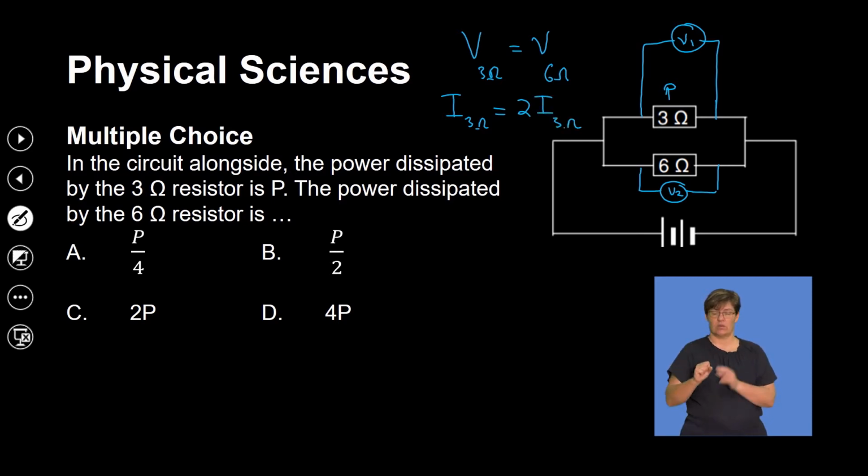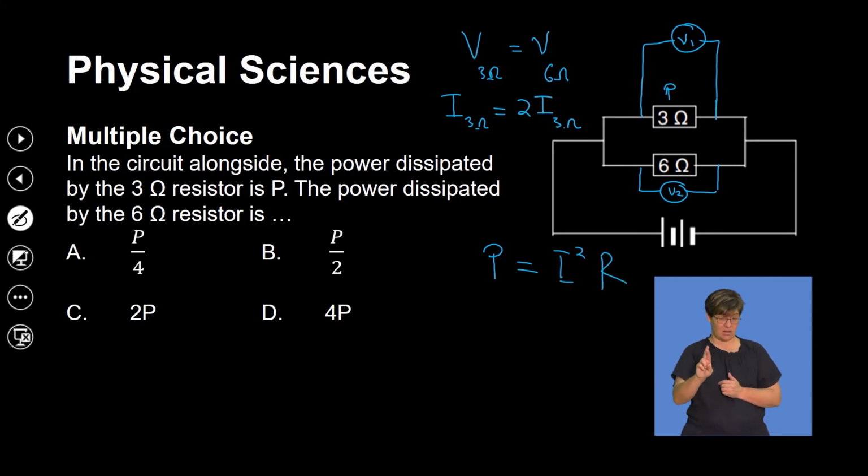Why? Because this parallel circuit is a current divider. So the smaller the resistance for the same voltage, the greater the current. So the formula for power says P is equal to I squared R, okay?